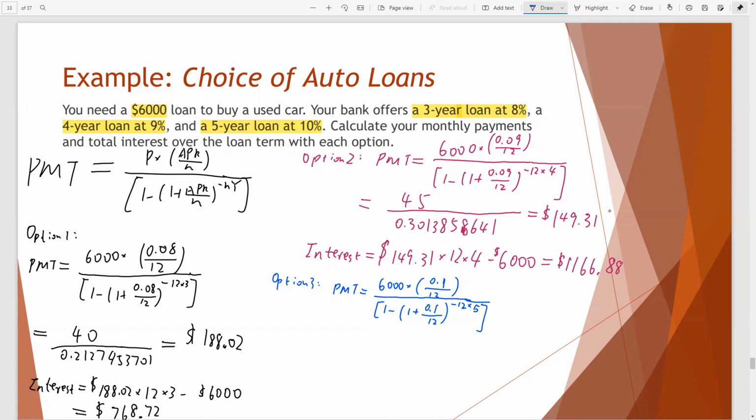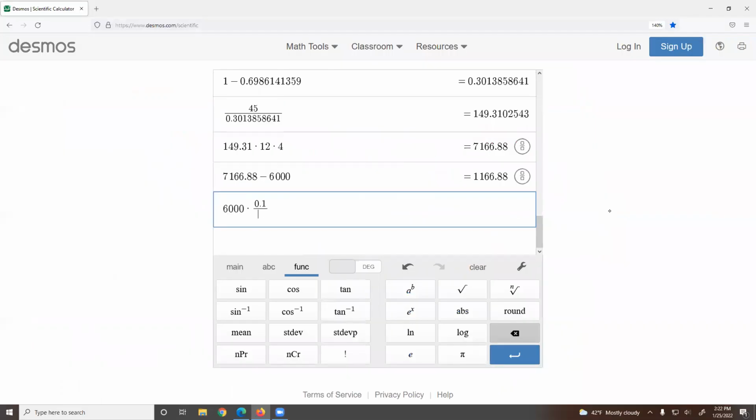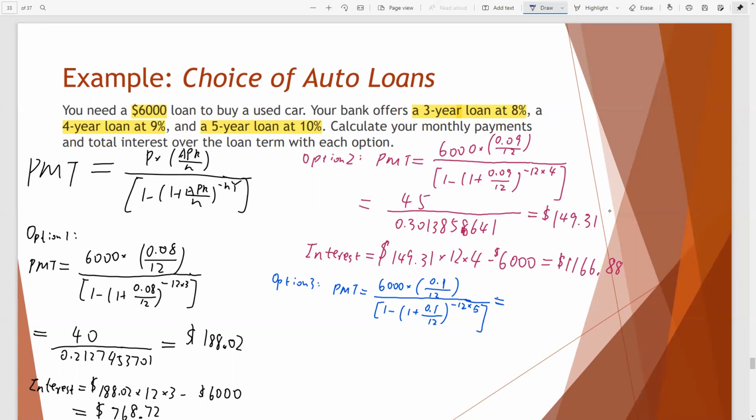So that's in total gonna be 60 payments you will have. So the top, 6,000 times 0.1 over 12, that's $50.